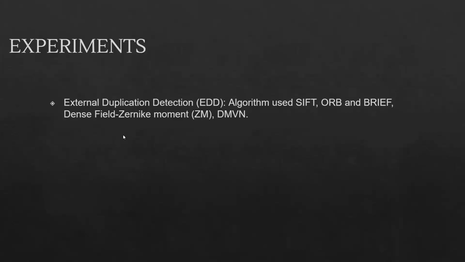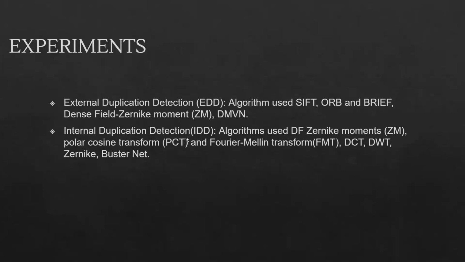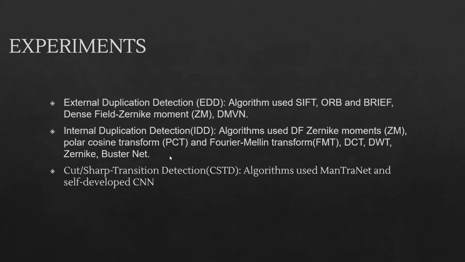Okay. So now moving on to what kind of experiments they did. They did different kinds of experiments, like external duplication detection. They used numerous algorithms to fetch the results, like SIFT, ORB, and BRIEF, and they used dense field Zernike moment and DMVN. Again, in internal duplication detection, they used similar algorithms, but more like polar cosine transform, Fourier-Mellin transform, DCT-WT, and again Zernike moment and BusterNet.